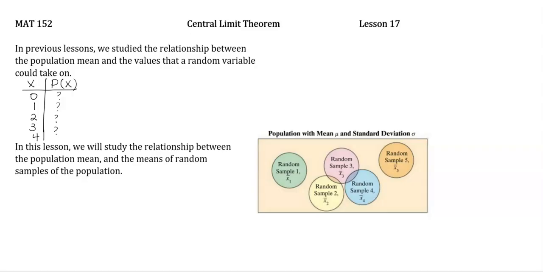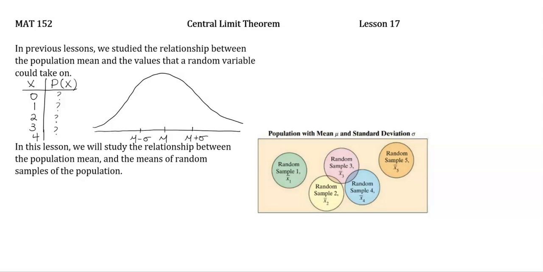And then we talked about probability distributions for continuous random variables. And we talked about how the probability distribution for a continuous random variable could be a normal curve. We've looked at normal curves, and we know that we have the mean in the middle, and then we would move standard deviations to the right and standard deviations to the left.